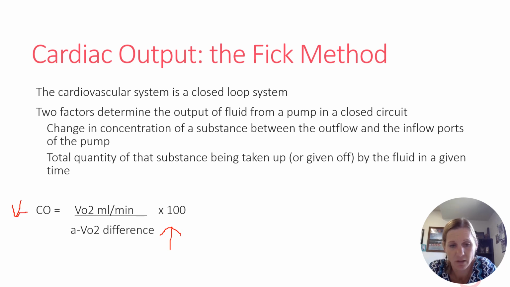Okay, or vice versa. If I decrease cardiac output, that tells me that I need to increase how much I'm dropping off at the tissue level. Okay, so that's the relationship between cardiac output and AVO2 difference as it relates to maintaining a balance there.